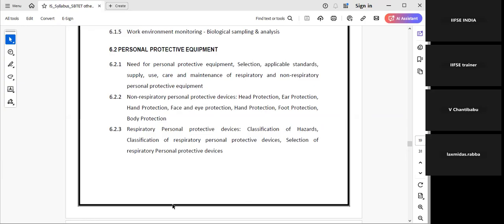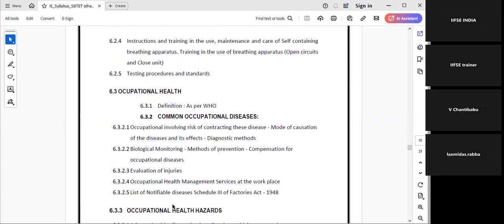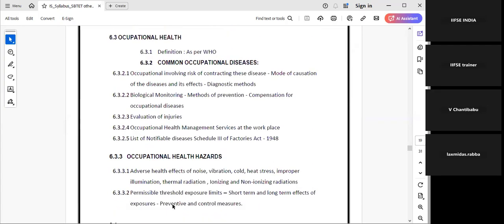Especially in the PPEs, we also cover the selection criteria for PPE selection, and we'll cover the maintenance of PPE as well. Then we talk about various occupational diseases, and we also cover the list of occupational diseases covered in Schedule 3.